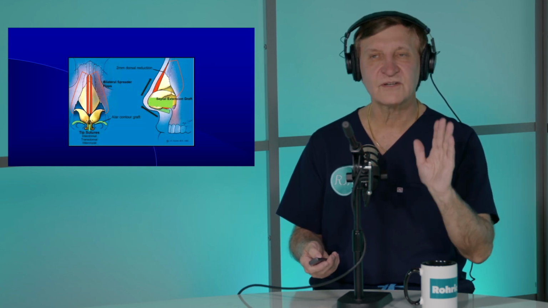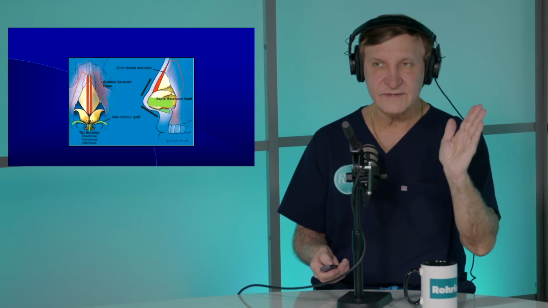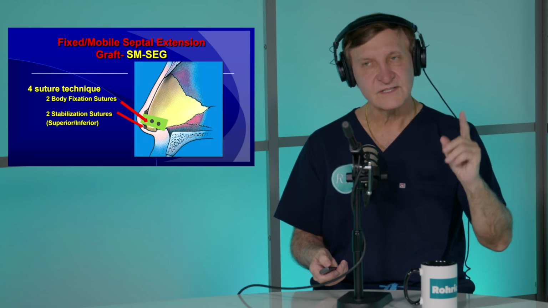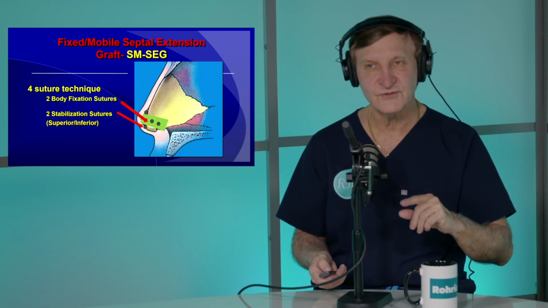Using a septal extension graft in contrast to a columnar strut gave her a beautiful result, because we wanted to rotate the tip up and increase tip projection, something that a columnar strut doesn't do well.